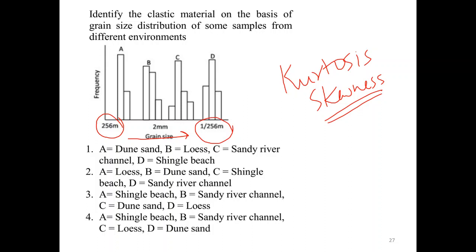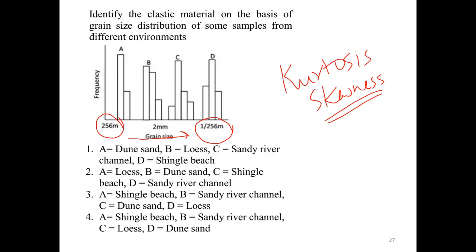Now, when we look at A, it seems to be a very coarse grained environment. So we have the cobbles and pebbles at A. Then we have sand size particles at B, followed by fine sand, and further going on to silty clay type of deposits.